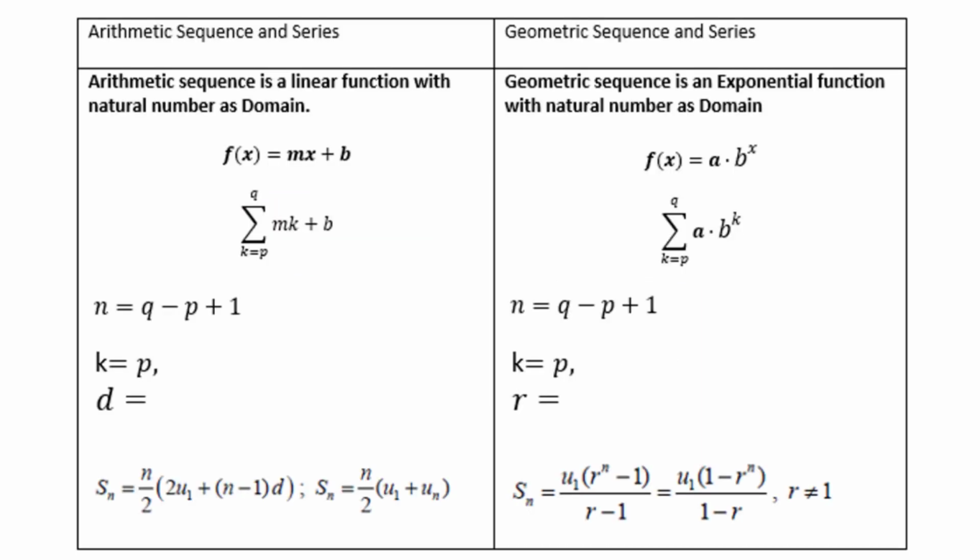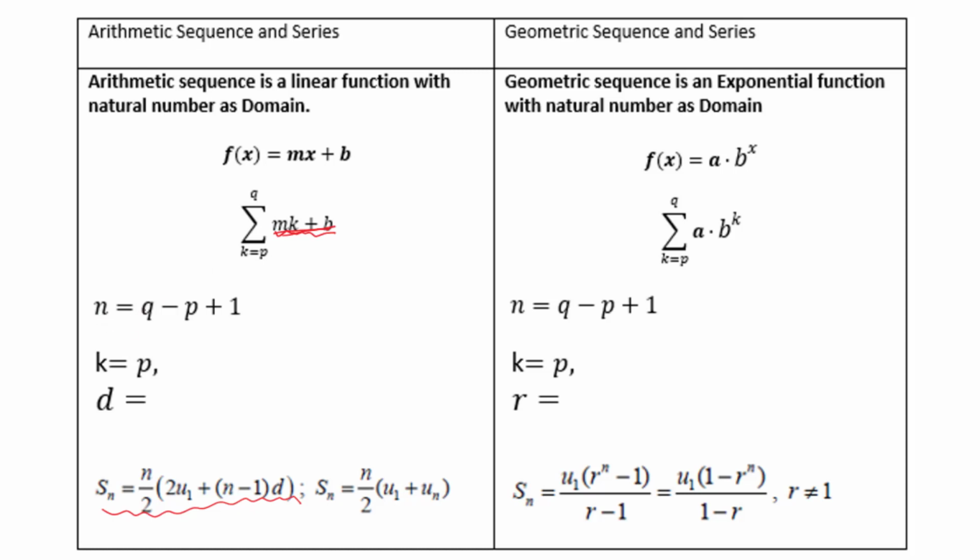Also, the arithmetic sequence is a linear function with a natural number as a domain. When you see the sigma notation with a linear function, you know this is a sum of an arithmetic series. You are going to use this formula to work out this sum.